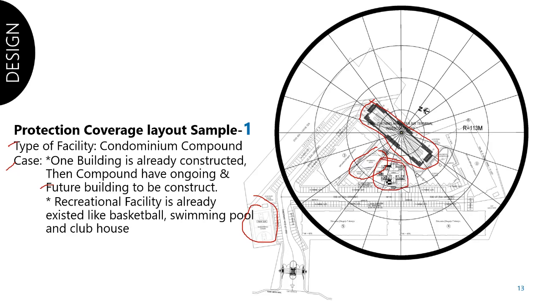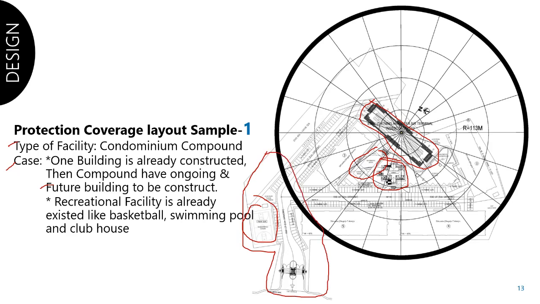With that, as you can see, I use an air terminal with a 113 meter radius of protection. All the facilities are almost 90% covered, maybe I could say 90%, because only this part is not under its protection radius.